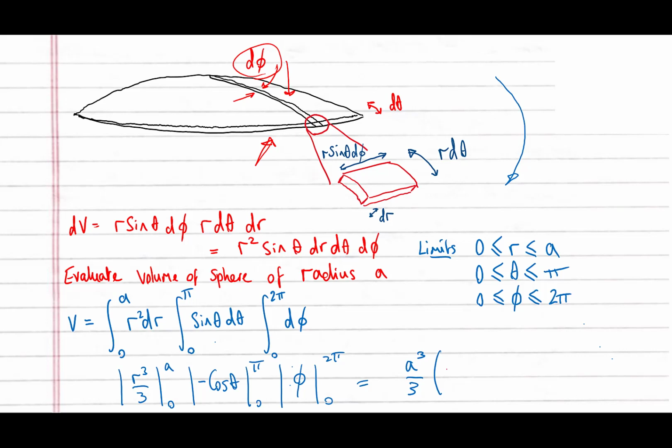Sorry, that's minus 1 minus 1 in here, and then the last piece is we go from 2 pi minus 0, and that comes out to be 4 pi a cubed over 3. So 4/3 pi r cubed.